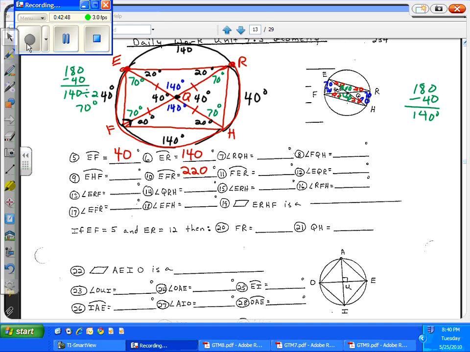Number 19, parallelogram ERHF is a rectangle. We knew that because we had 4 equal diagonal pieces. That meant they bisected each other, which made it a parallelogram. If they're equal and bisect each other, that makes it a rectangle.